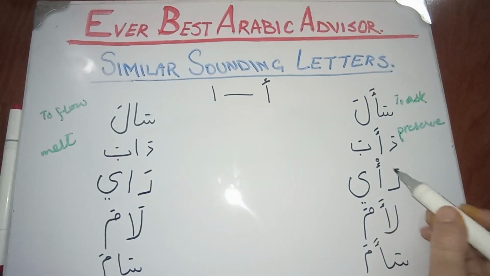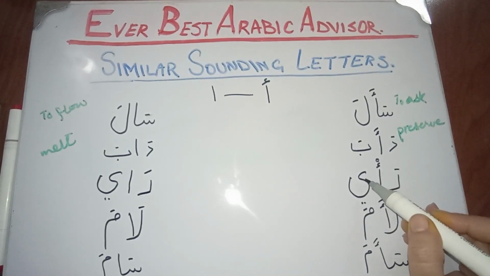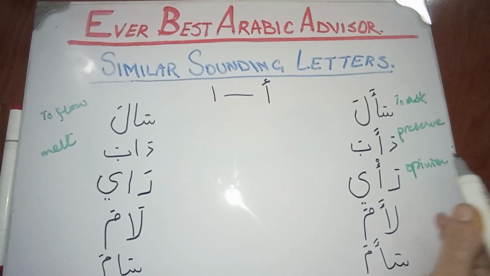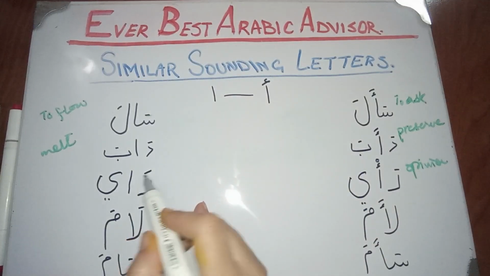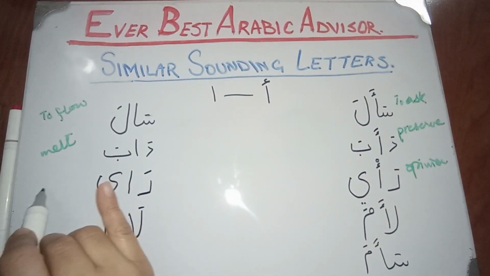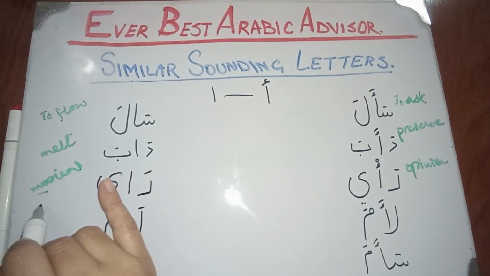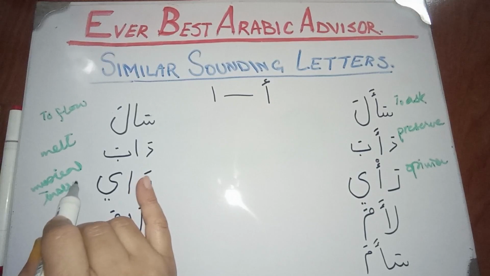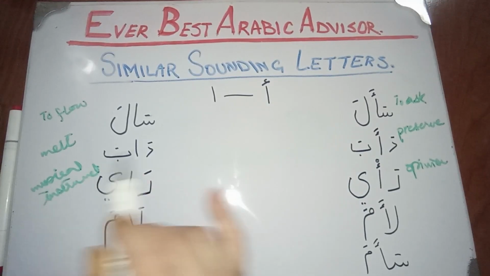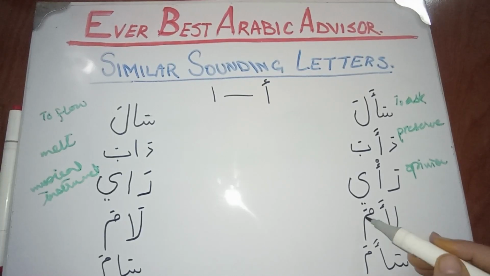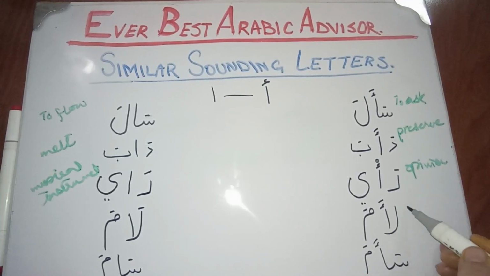Third word is ra'ai, ra'ai, opinion. Rai, rai is a musical instrument in Arabic. The next word is la'ama, la'ama, to bend.